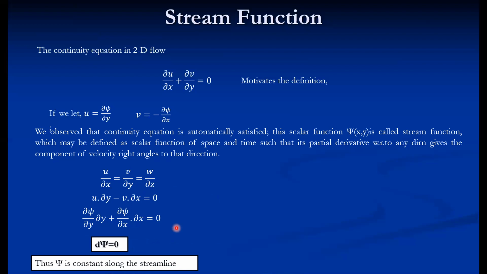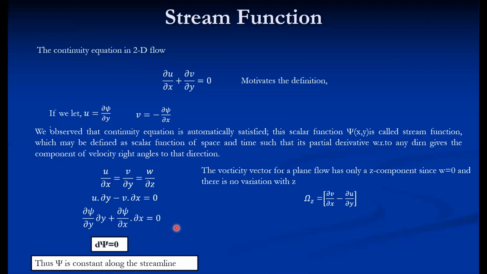Then secondly, the vorticity vector for a plane flow, meaning 2D flow, has only one component, the z component, since w is 0. So omega z is the vorticity.